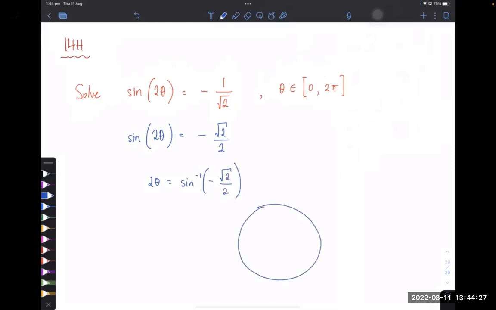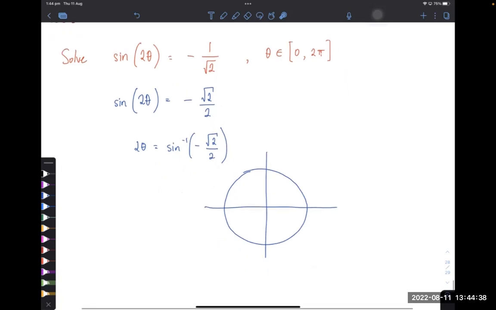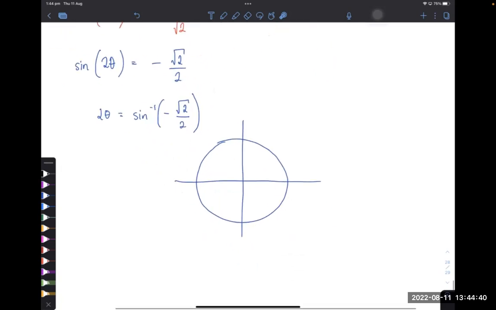Once you are up to this spot here, we need to draw out the unit circle because we need to find out what our base angle is. Okay, so what angle gives us root 2 on 2 for sine? We have our hand with our 5 fingers here.